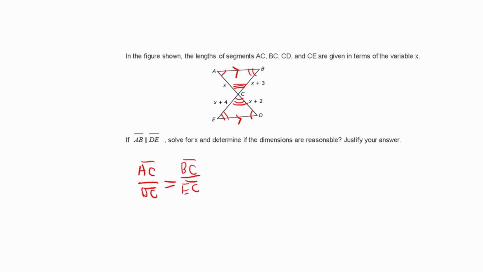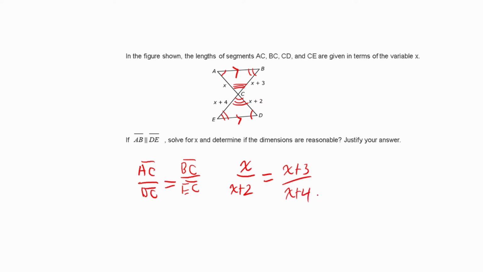They're buddy-buddy. And then DC and EC are from the same triangle. They're both down below. So let's plug in numbers for those. AC is the value x. DC is right here, x plus 2, equals BC is x plus 3. And then EC is x plus 4.